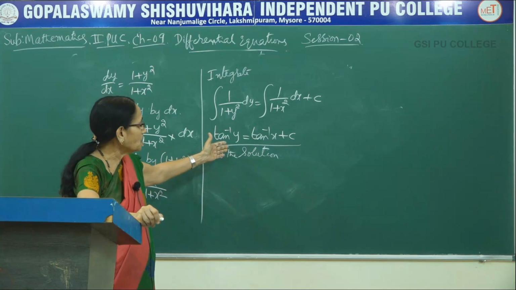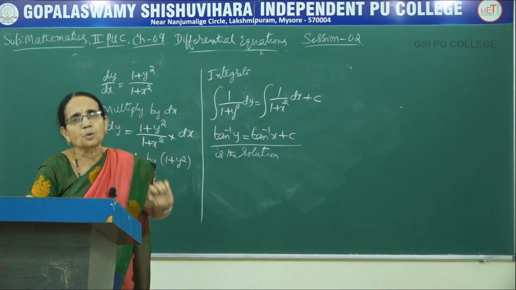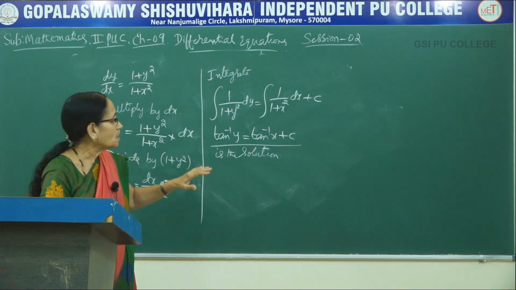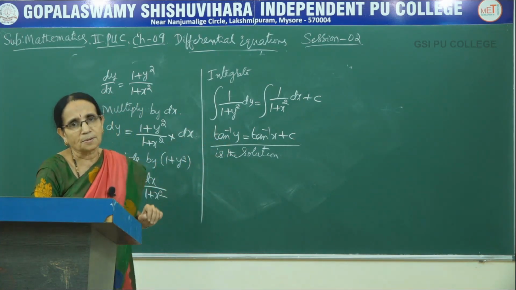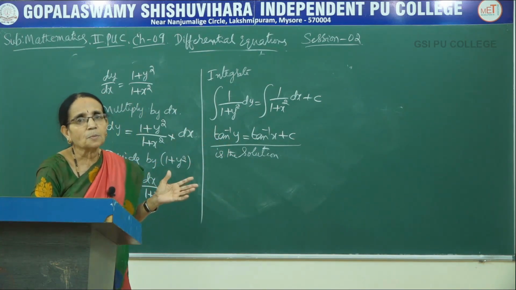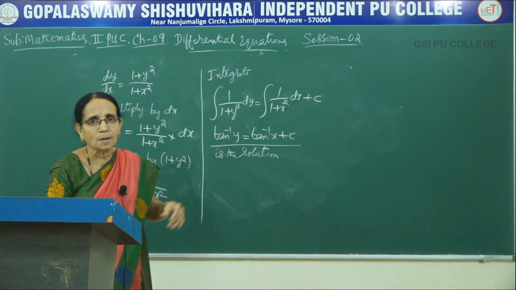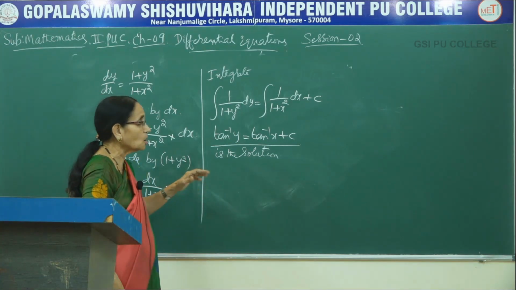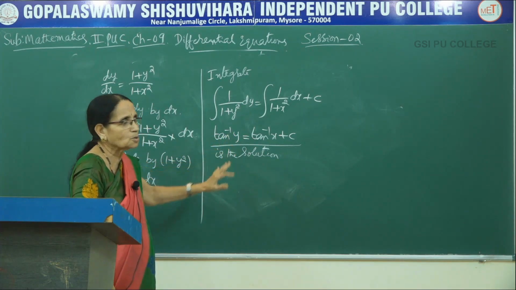Though this is the solution here, it may not be one of the 4 choices. In that case, you may have to use the inverse trigonometric function properties. Then you could do some simplification. If this is one of the options, no problem, directly we can mark it correct. If it is not there, how to simplify? Otherwise, it is not necessary. You can stop here, that is the solution.